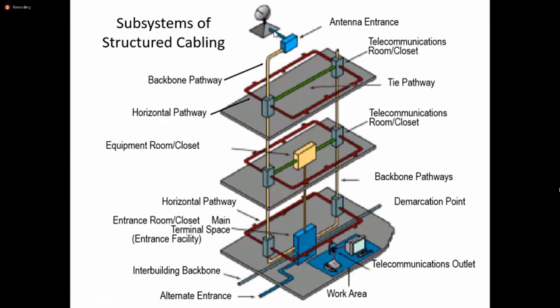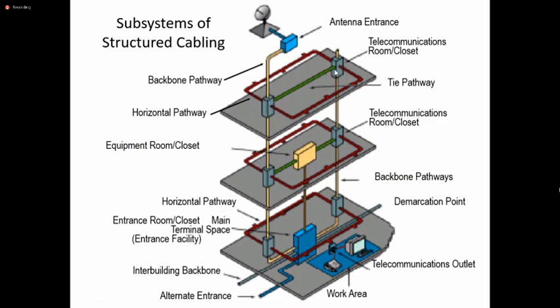So if you have some kind of antenna, then this is the antenna entrance, and this is how it goes through the floors. So this is the backbone pathway. Then horizontal cabling means cables going through the floors horizontally, while those between floors we call vertical.